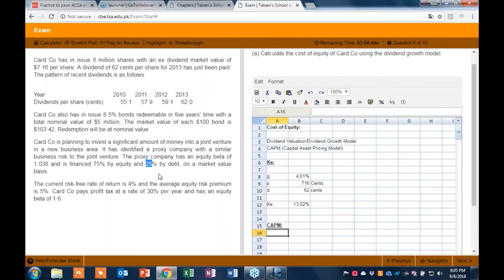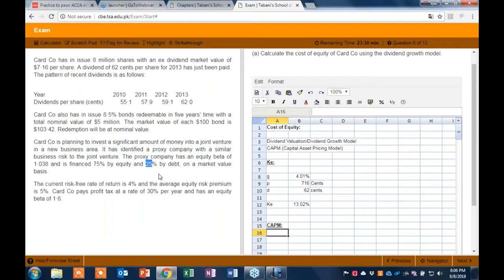So it's very simple. Debt means you have to pay your liability in the future. And if you have a liability to be paid in the future, it means you may have a risk of not paying that liability. So any company which has a higher debt to equity ratio will definitely have a higher risk.